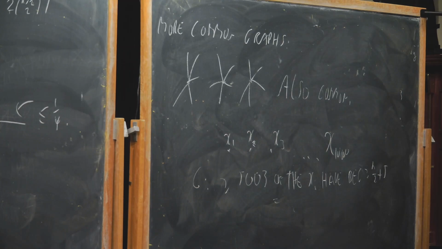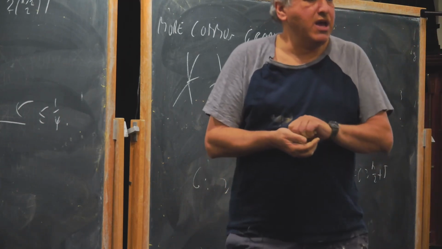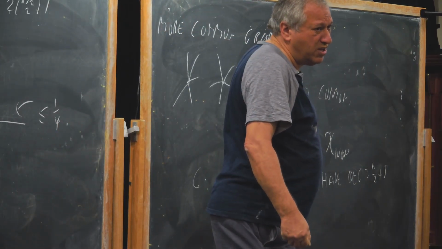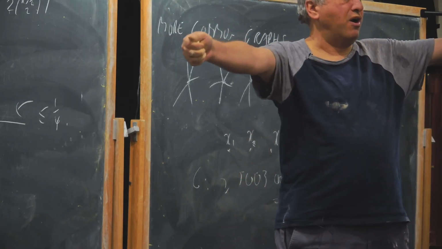Does that make sense? So I'm taking lots of points, like 10,000 points. I'm saying all I want is that on just over half of those points, your degree is just over a half. Now, first of all, that's half of all graphs, right?